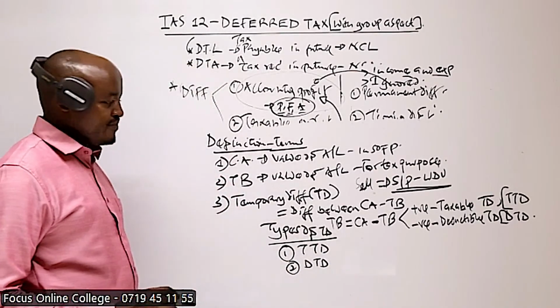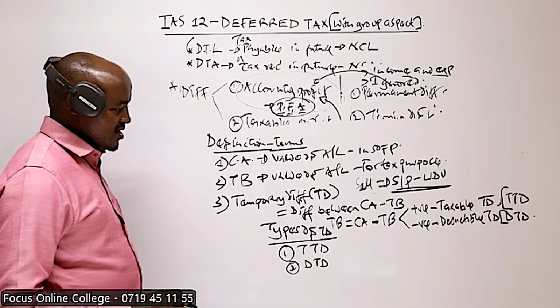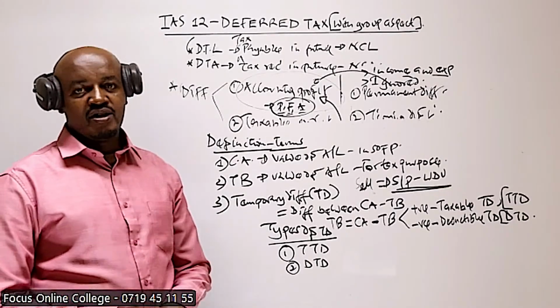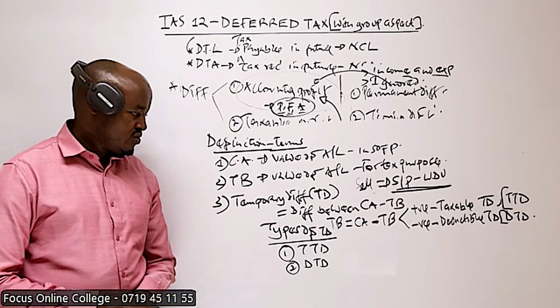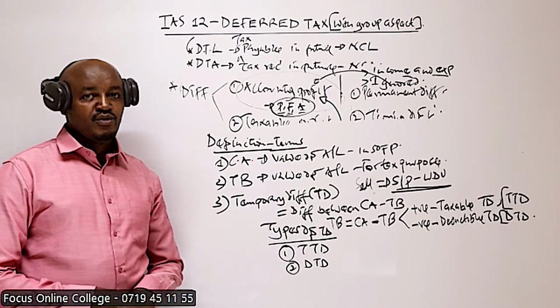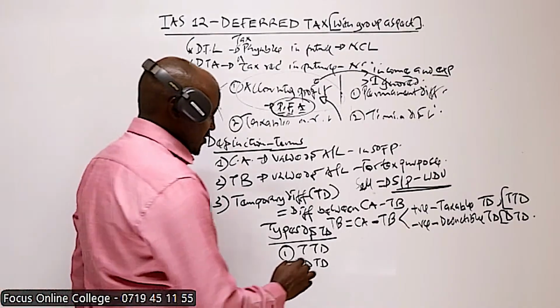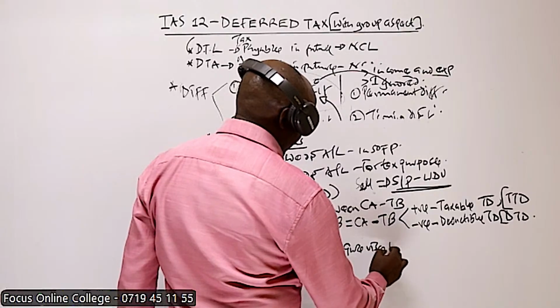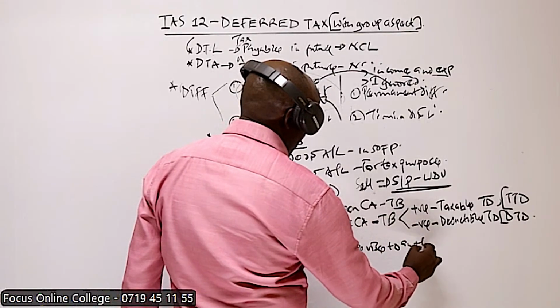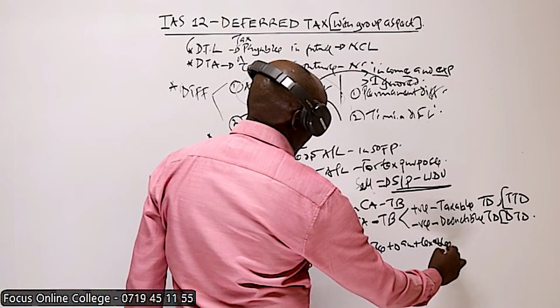Now, a taxable temporary difference is a temporary difference which gives rise to amounts which are taxable in the future. So this gives rise to amounts taxable in the future.